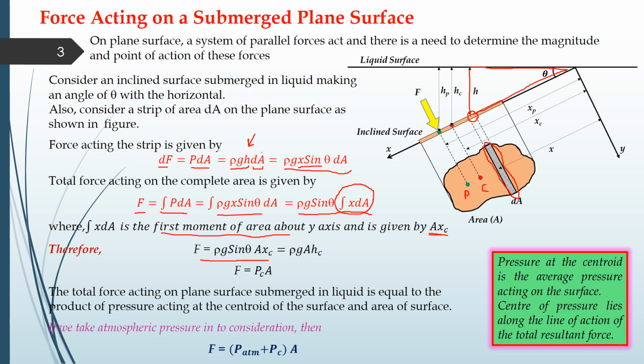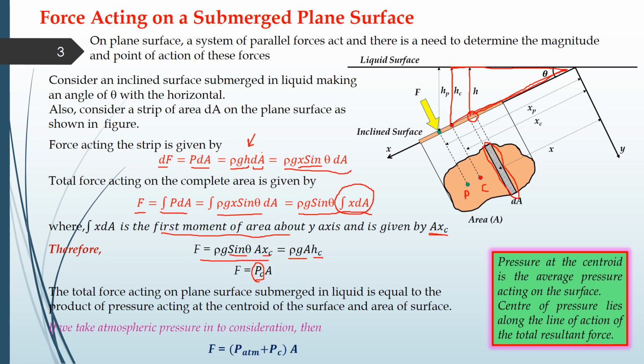If we take a similar triangle, xc sine theta will be equal to hc, and F will be equal to rho g A into hc. Rho g hc will then be called Pc, because rho g into h is your pressure, so it is the pressure which is acting at the centroid.